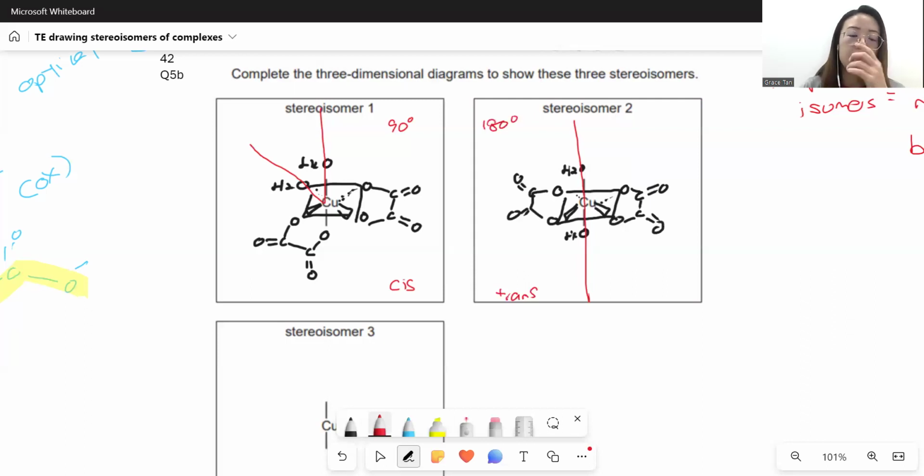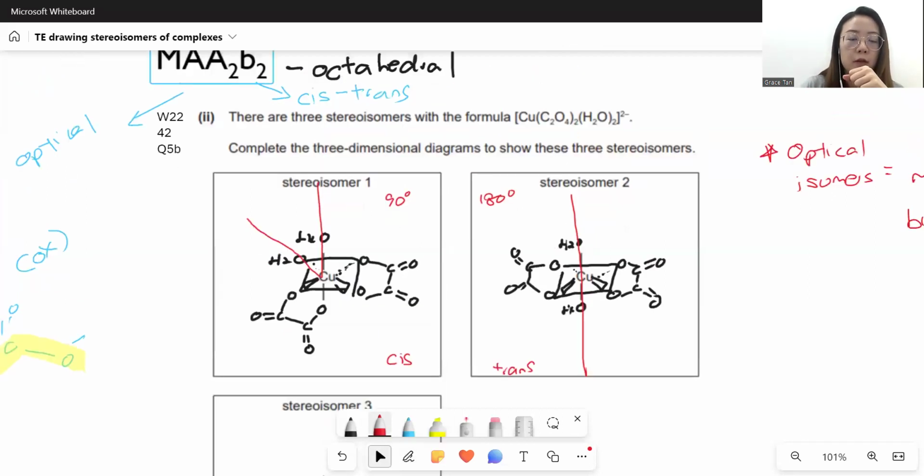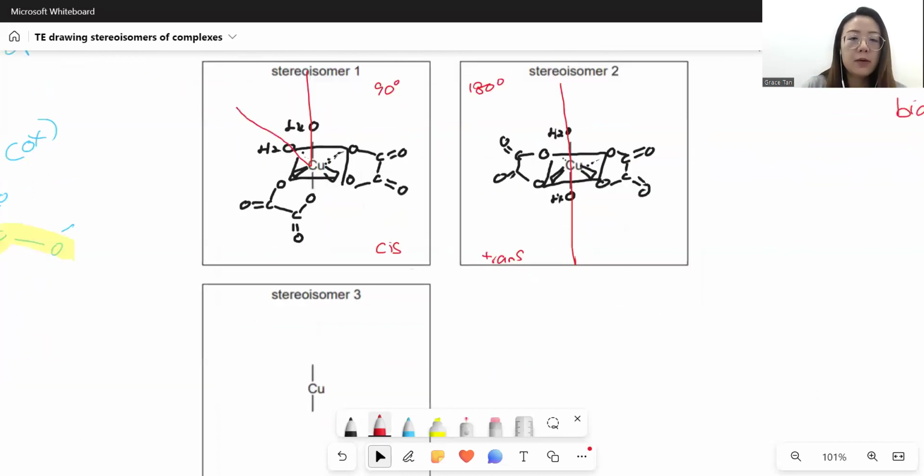Okay, so I already settled the cis-trans part of the formula, which is the B2 over here. Now we're going to handle the bidentate, because when you have a minimum of 2 bidentate, you can show optical isomerism. So therefore, the correct way to go is you take your cis, you mirror it, you take your trans, you mirror it as well.